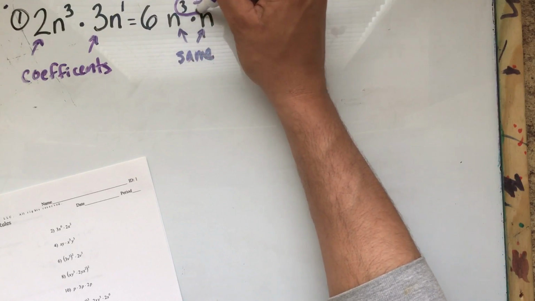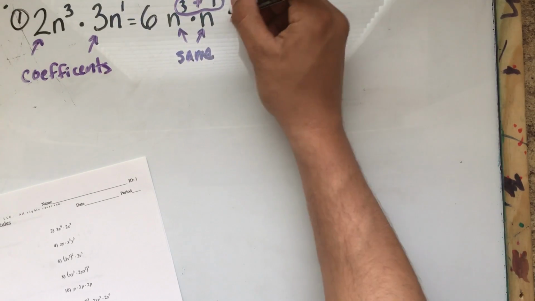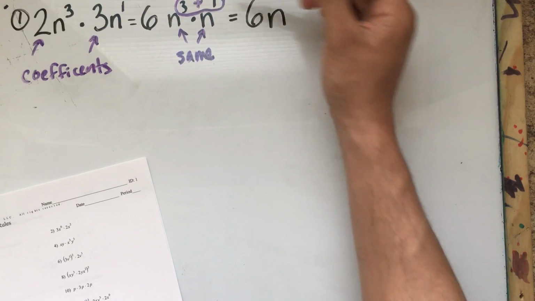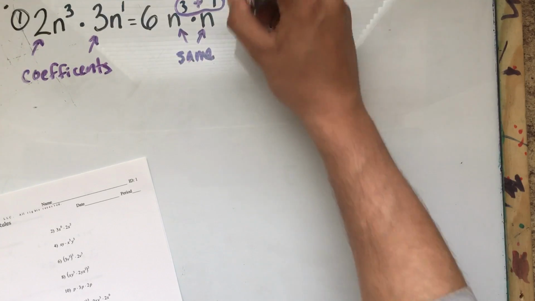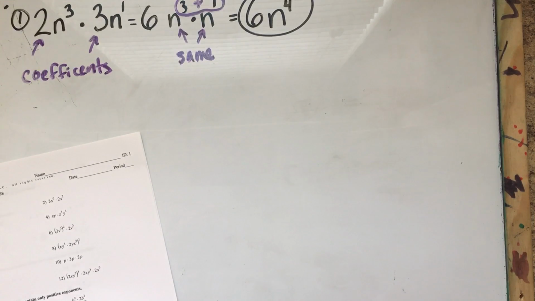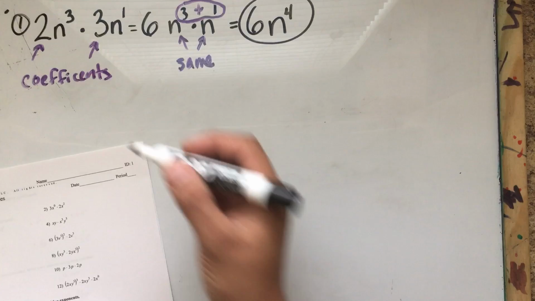You can add the 3 and the 1. So the 6 stays the same, but now the new exponent is 3 plus 1, and that's 4. Okay, so there's your answer for number 1. Sorry, let me move this a little bit. All right, so that's number 1.